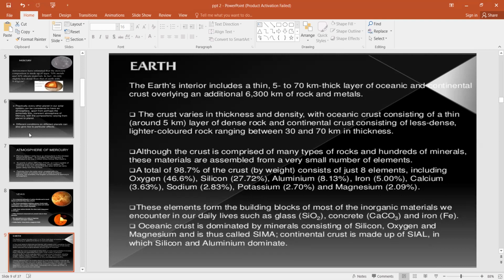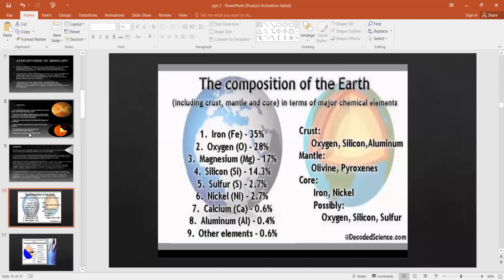Oceanic crust is dominated by minerals consisting of silicon, oxygen, and magnesium. So this is the composition of Earth, which includes iron, oxygen, magnesium, silicon, sulfur, nickel, calcium, aluminium, and other elements, with iron taking the lead, making up around 35% of the Earth.